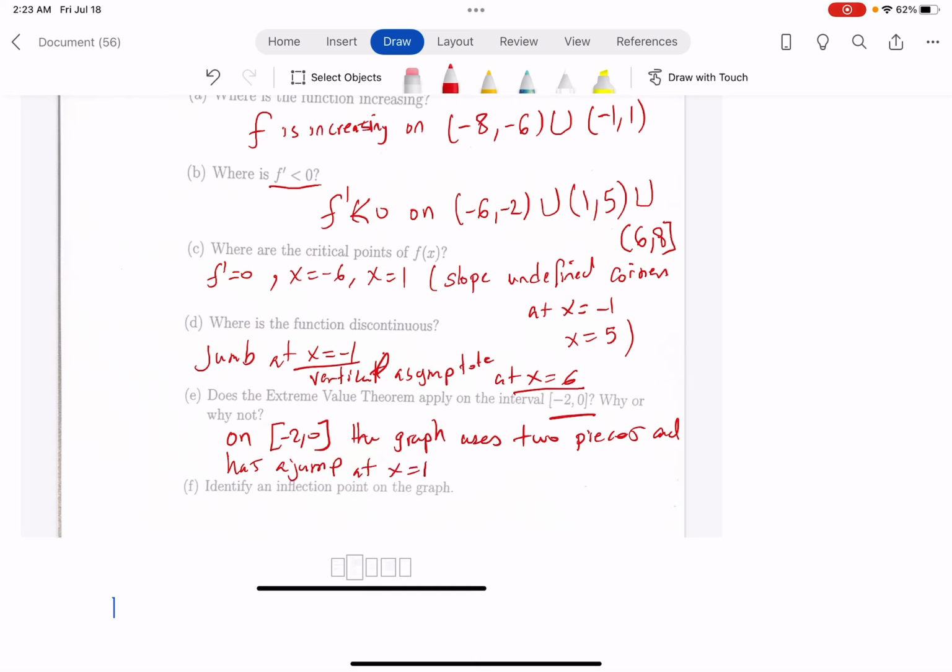So it is not continuous on that closed interval. So the extreme value theorem does not apply here.